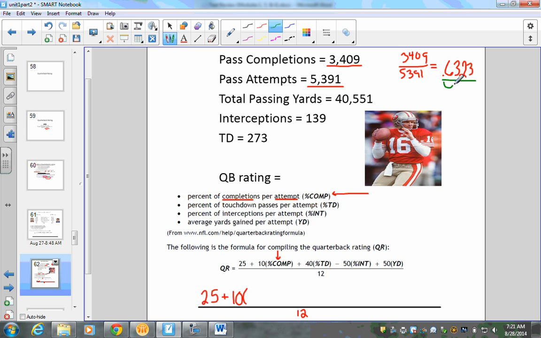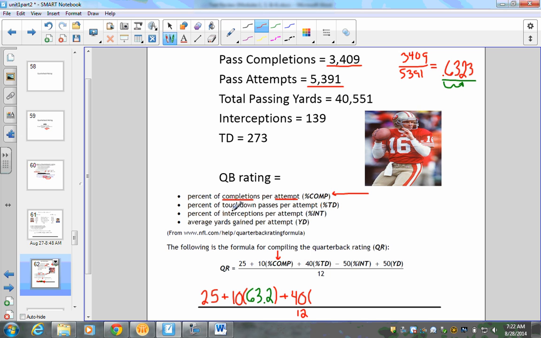So take the decimal, move it 2 places to the right, and you get 63.2. That's the thing that is going to be the most tricky about this formula. So 63.2%, plus 40 times the touchdown percentage.